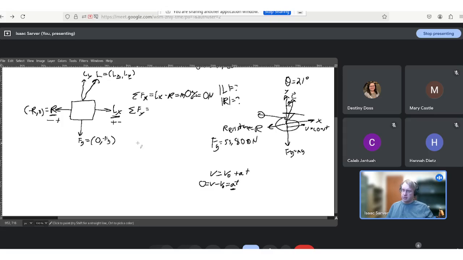What's going on with my vertical here? Which one? Ly or Fg? Sure. We make that guy positive, which should go nicely with that minus sign I've written down right there.